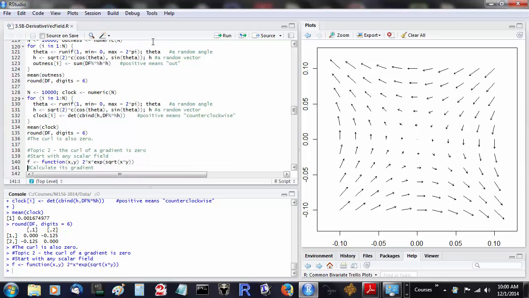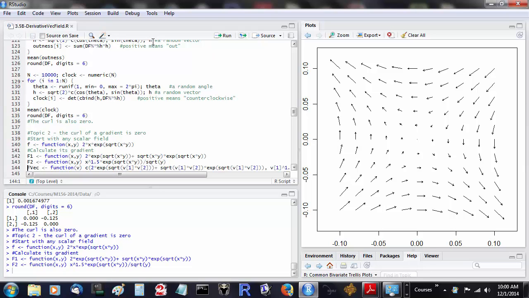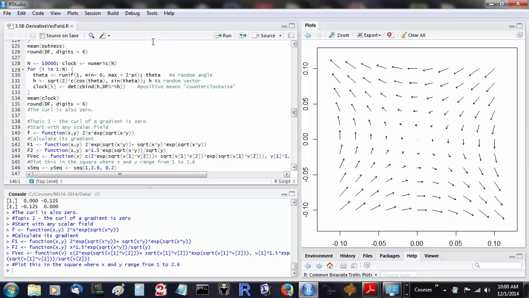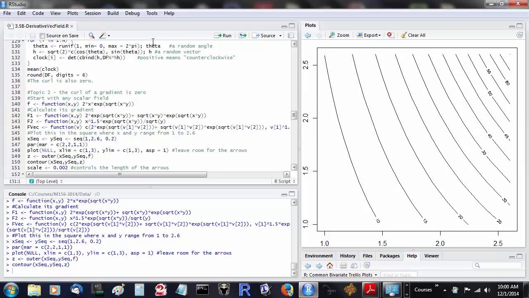An easy way to make a vector field is to start with a scalar field, just a function of x and y, and compute the gradient. I have computed the gradient by rules of ordinary calculus and just written down the formulas. You can check it for yourself if you like. I also need the vector version of exactly the same function, and I will plot it in exactly the same way.